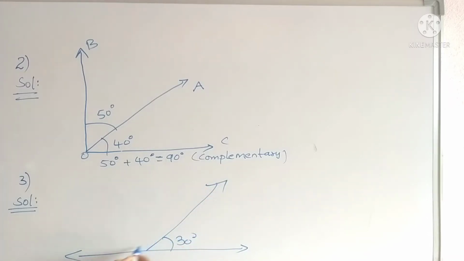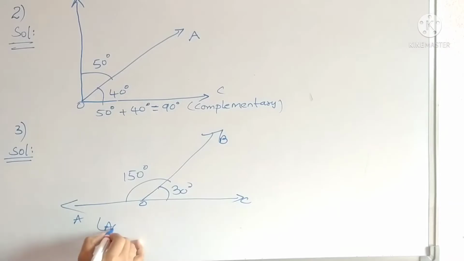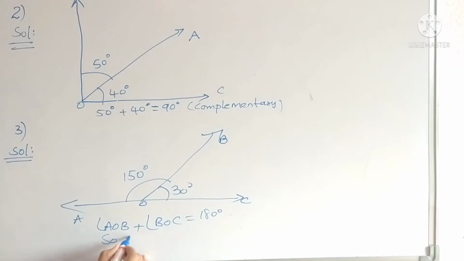So 30 degrees, 150 degrees. So we can say these are supplementary. Angle AOP plus angle DOC equals to 180. So they are supplementary. Okay.